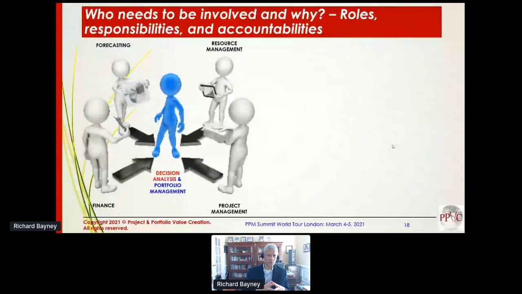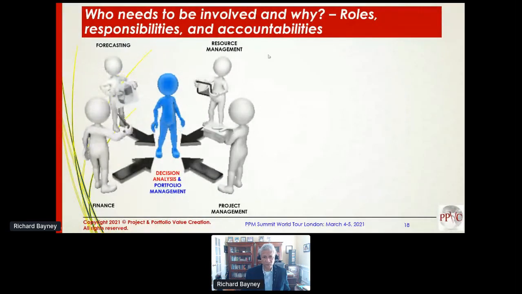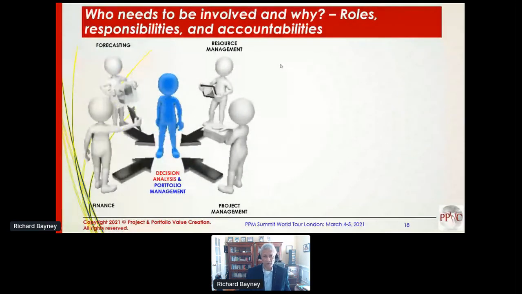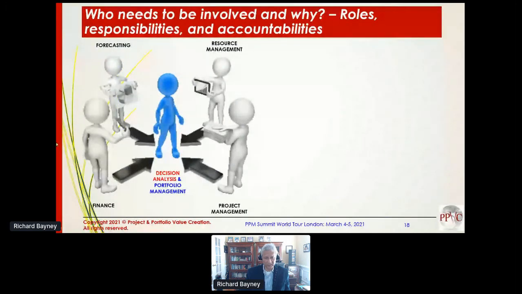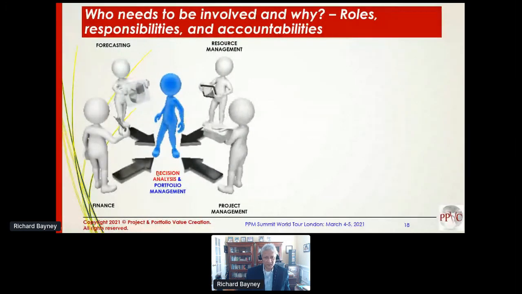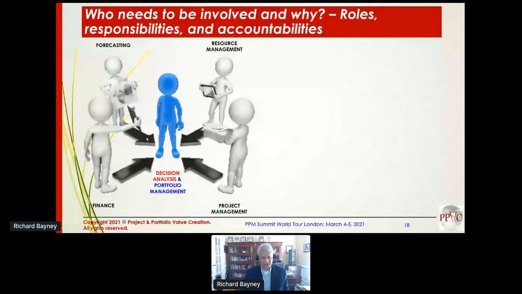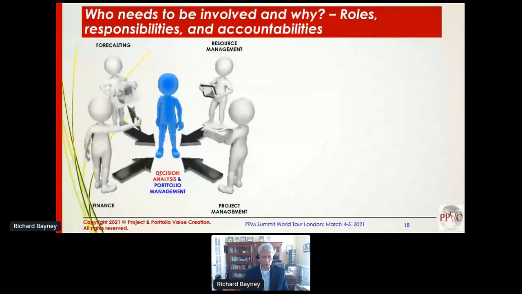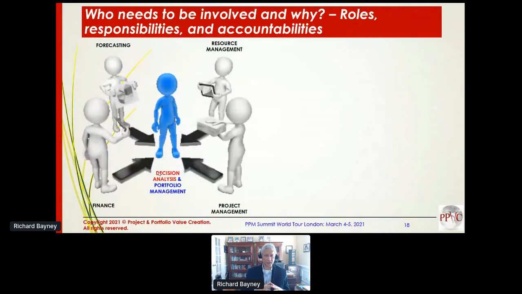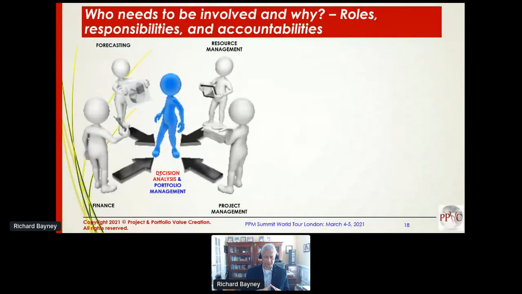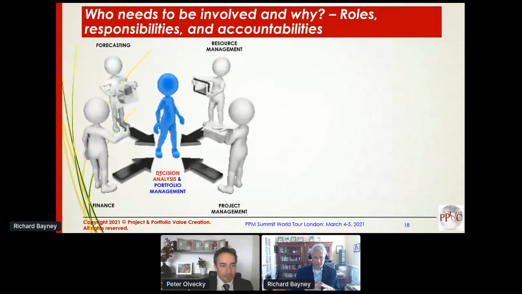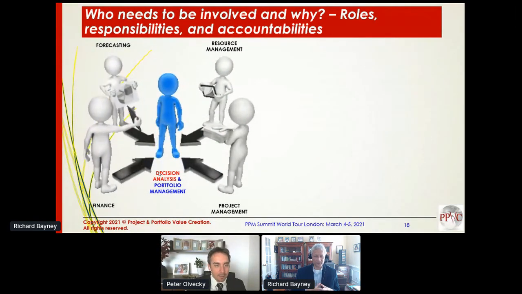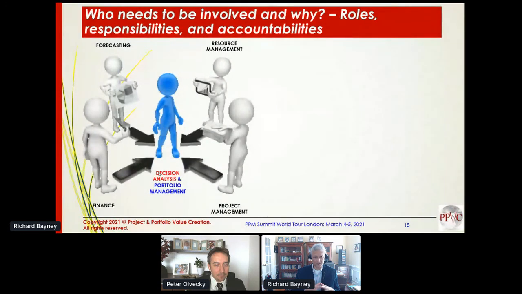The process that I've seen work well in companies is when these four functions at a minimum clearly understand their roles, responsibilities, and accountabilities for providing the right type of data to the individual responsible for decision analysis and portfolio management to ensure that the valuations are done smoothly, the right opportunities are presented from the project teams to governance for the purposes of decision making, and that portfolio management can become a relatively seamless discipline.